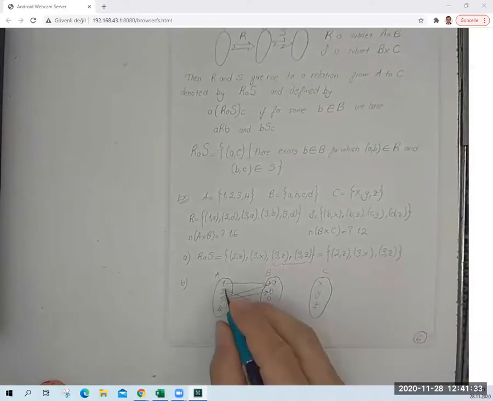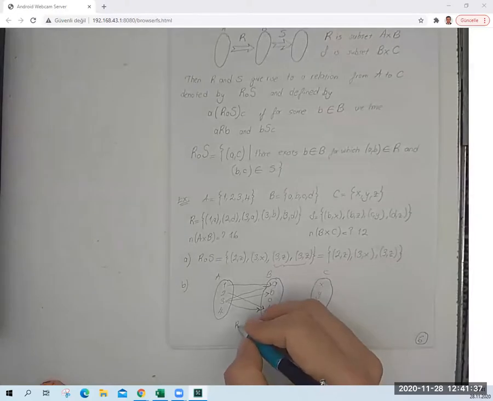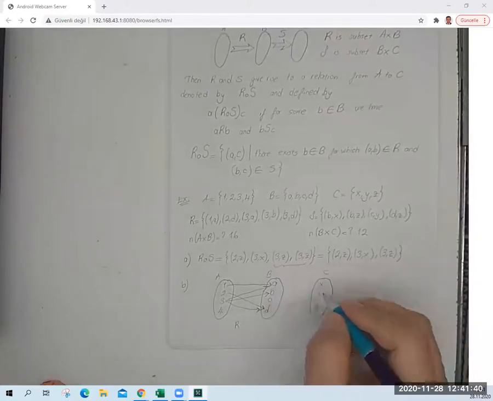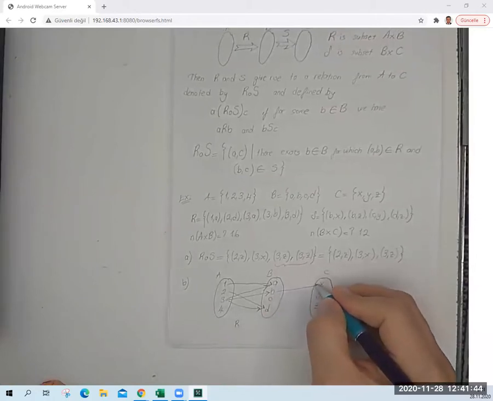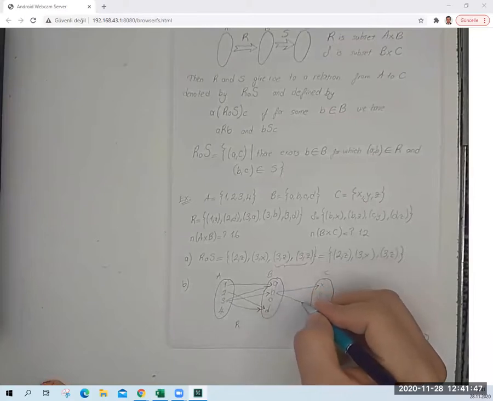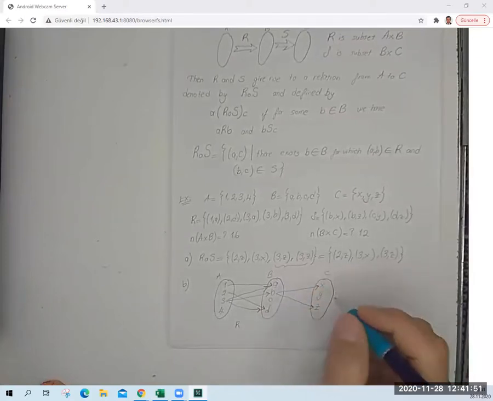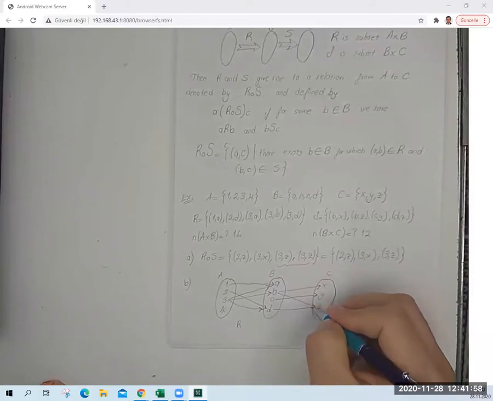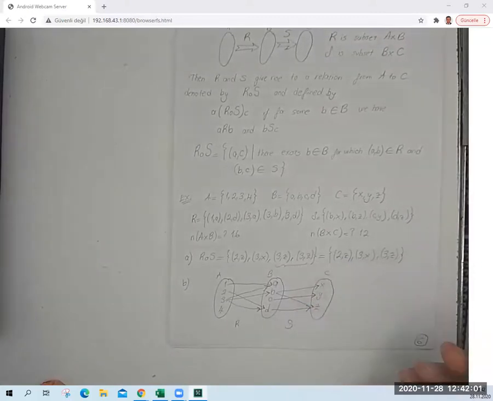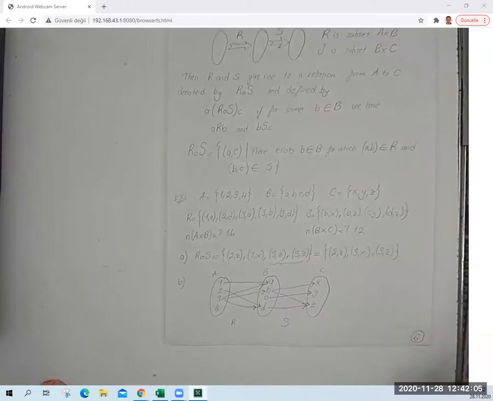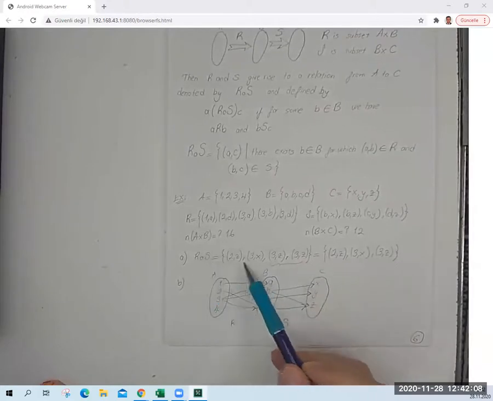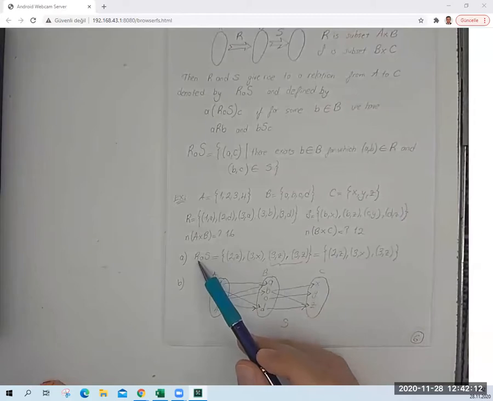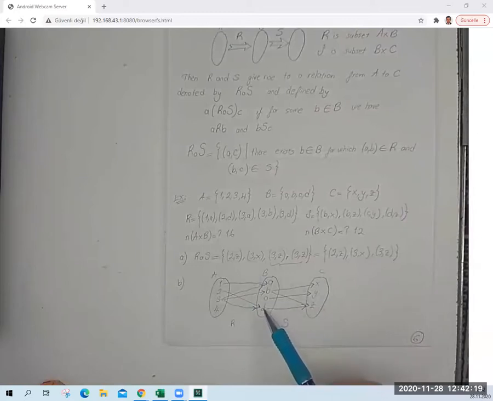So these are the relation R. And relation S: B to X, B to Z, C goes to Y, D to Z. So that is the relation S. So we show the relation R to S as a composition relation, and we represent it here with arrow diagrams.